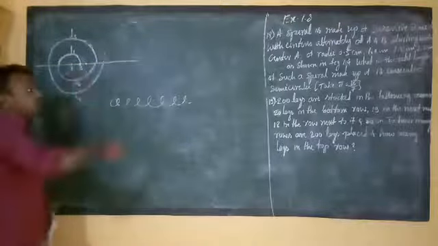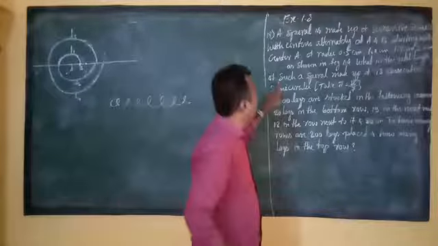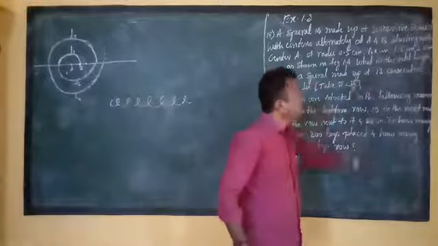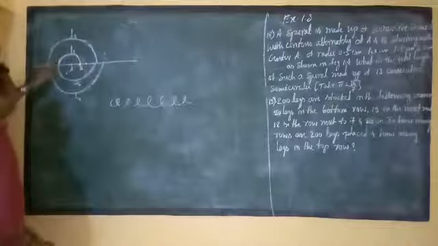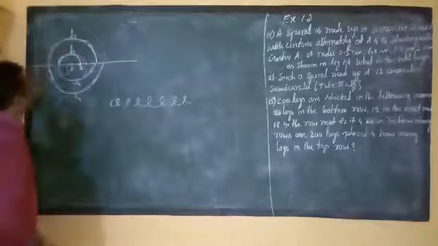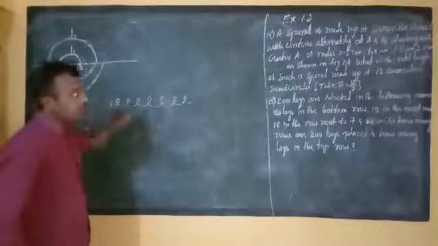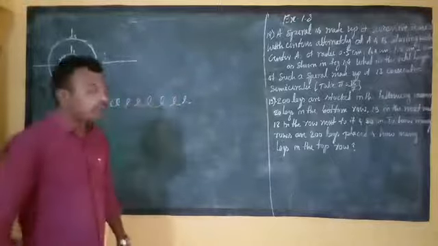So alternately and successively, as shown in the figure, what is the total length of the spiral made up of 13 consecutive semicircles? See here students, first semicircle, second semicircle, third semicircle, fourth semicircle, like that it becomes 13 semicircles making up the spiral.